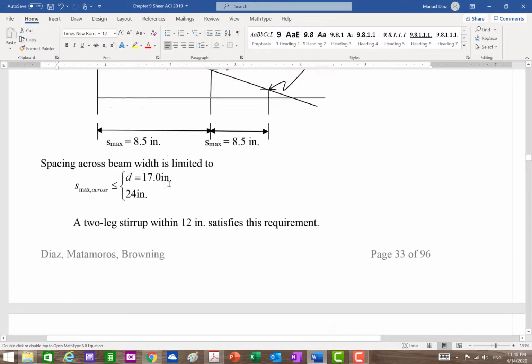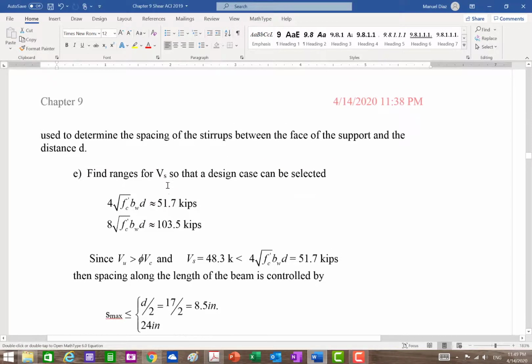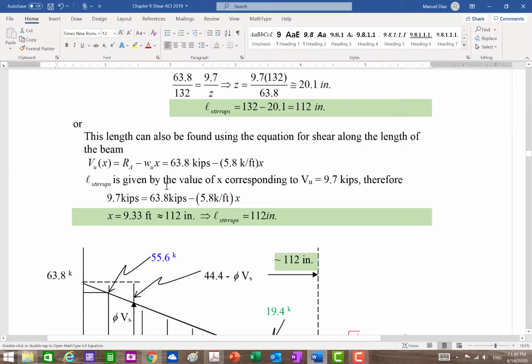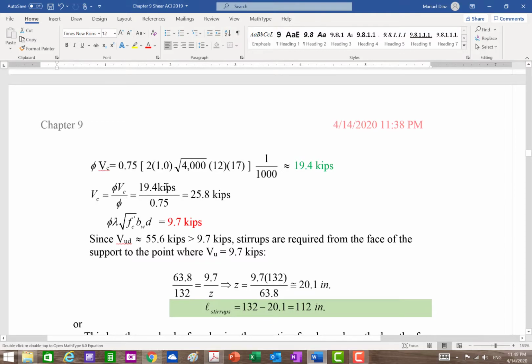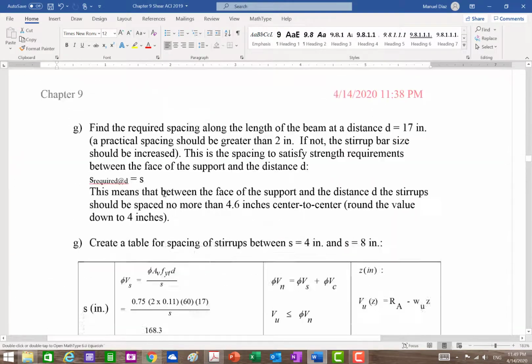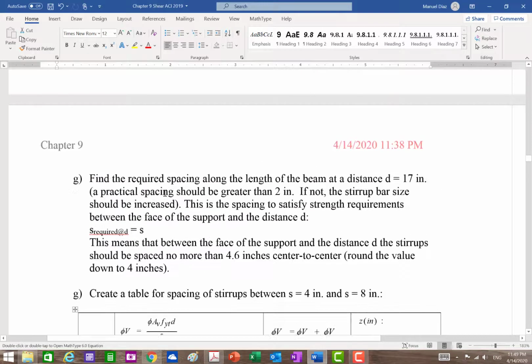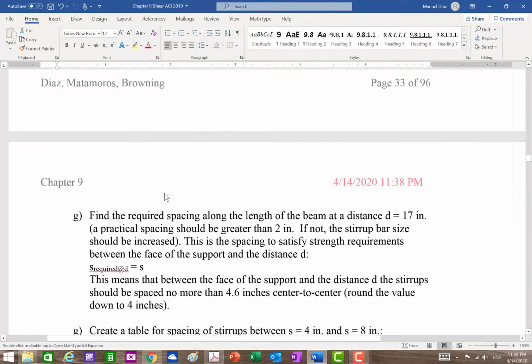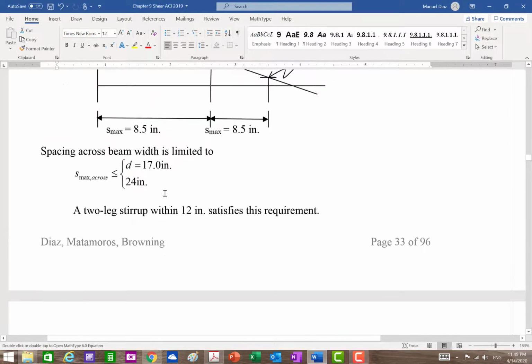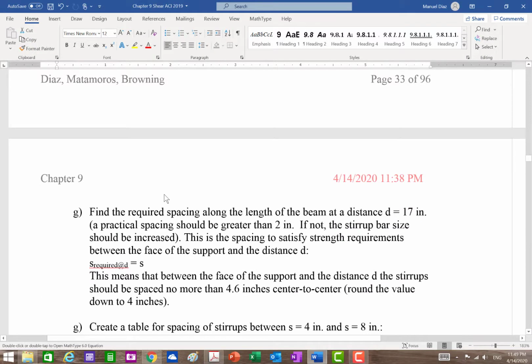Next, I need to find my S. And where is my S? Oh, that's missing. So that is missing. So right here, I don't know what happened. So it's supposed to be here. Okay, so let me delete that.